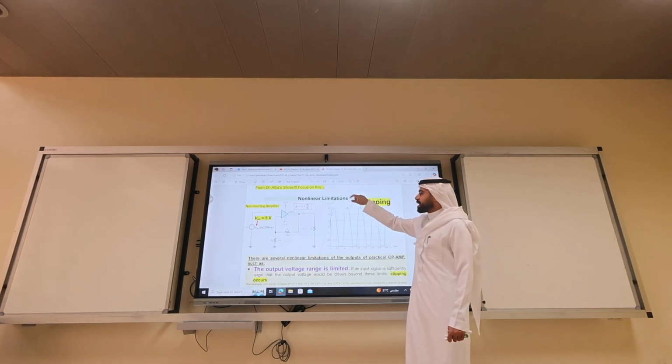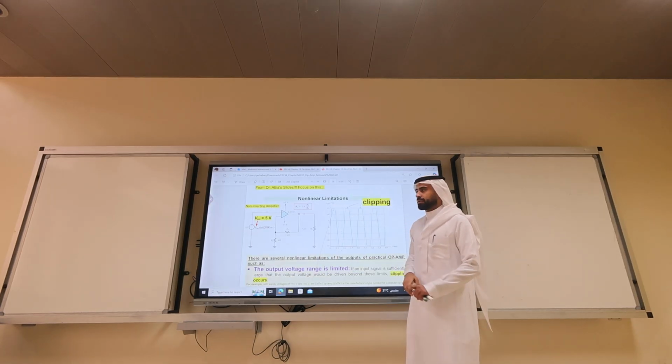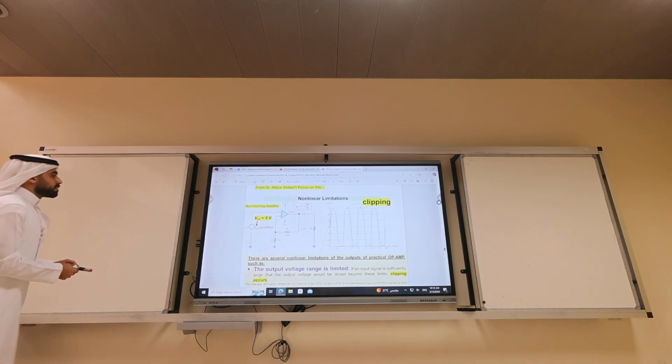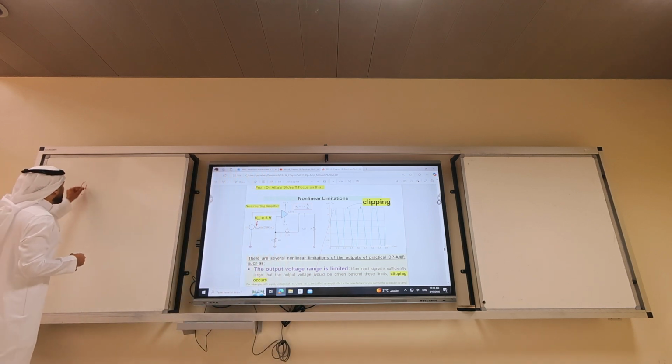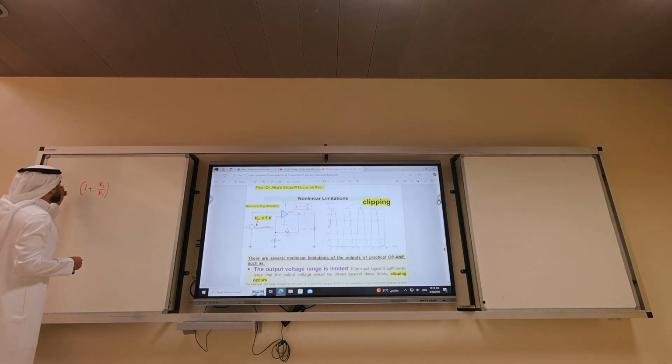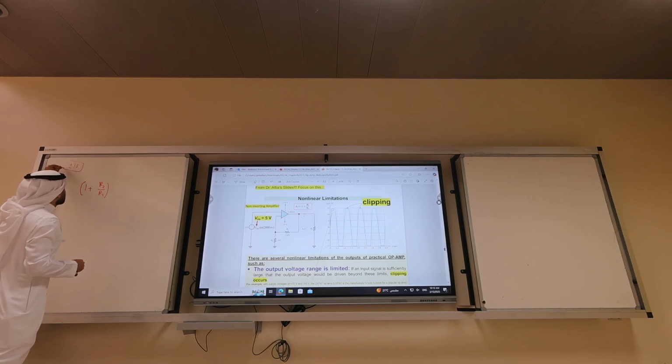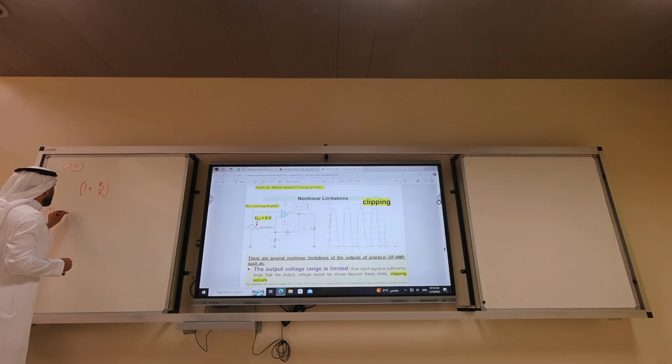Now let's say it will clip at 15. If we ask you a question in the test: 1 plus R2 over R1, supply is 15 plus some minus. Okay? Maximum input equals to, we don't know.